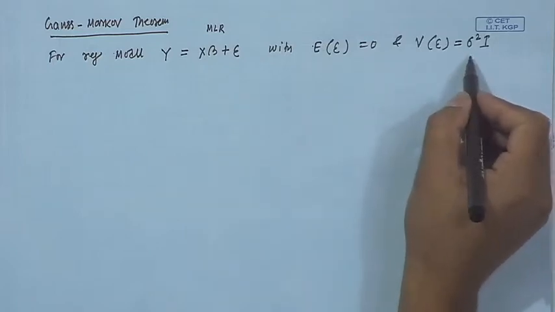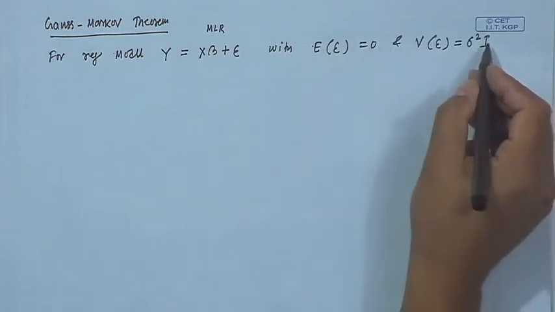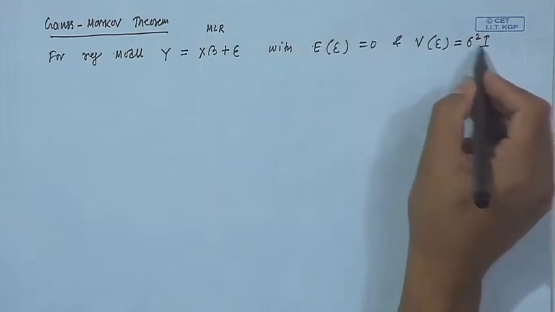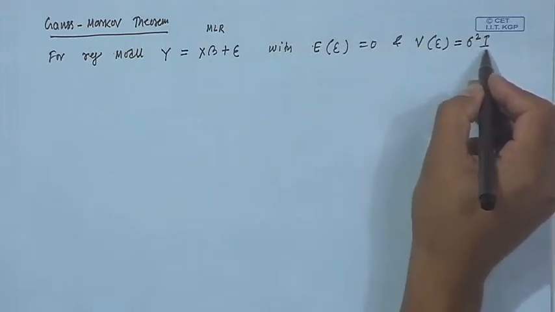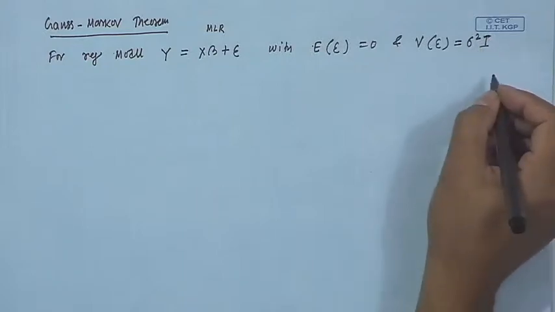It has constant variance and the expectation is 0, and they are uncorrelated. You can see the covariance terms are all equal to 0, because this is the identity matrix.